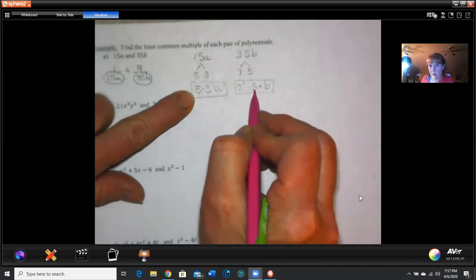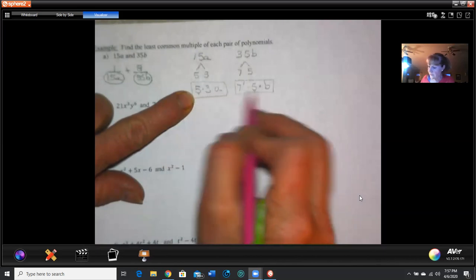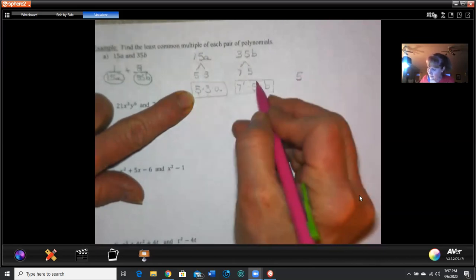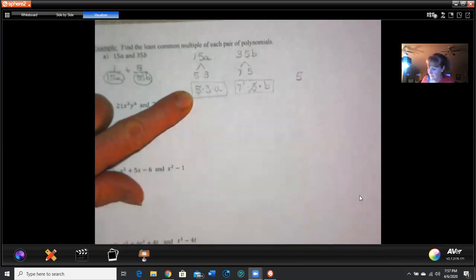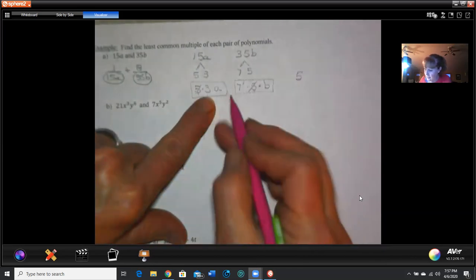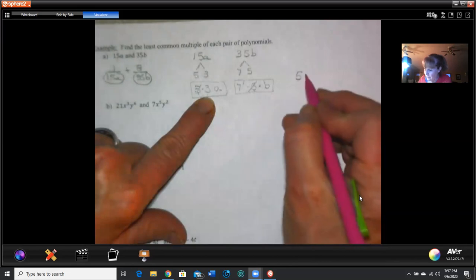The largest power is 5 to the first. Whenever you have it, you always look for the highest power of anything. So 5 to the first, and you can cross off your 5s, they've been taken care of. The next number, let's pick the 3. I've got a 3 to the first. I don't have anything higher, so I'm going to use 3 to the first.